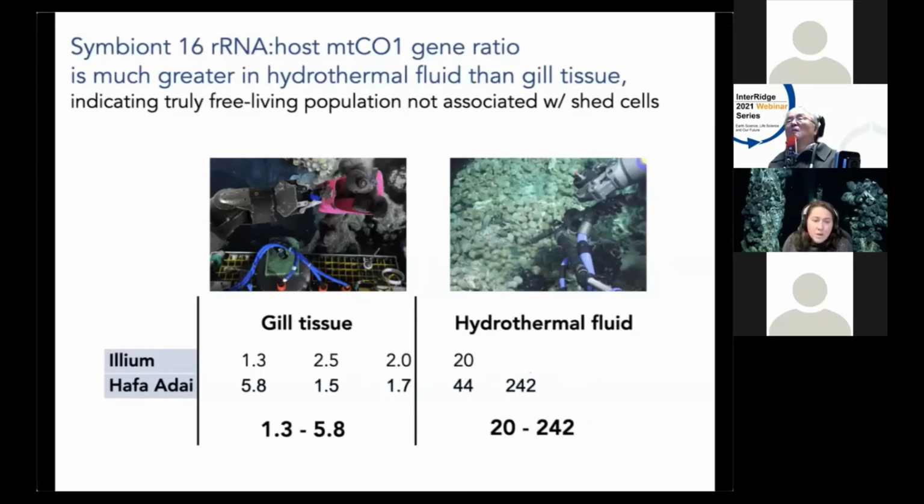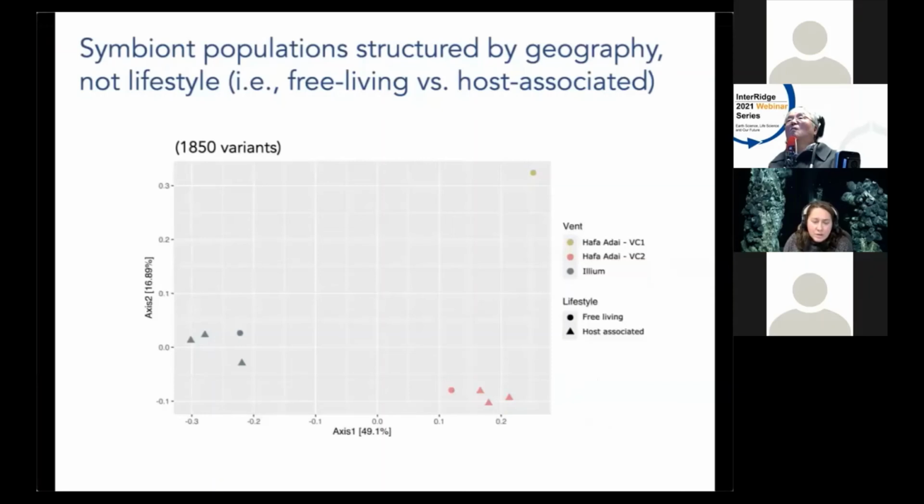Okay. When we look at the symbiont population structure, it's colored by site here. We have 2 at Hapa Adai and 1 at Ilium, and they're shaped by either free living, which are the circles, or host associated, the triangles.